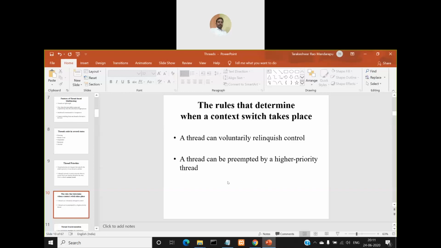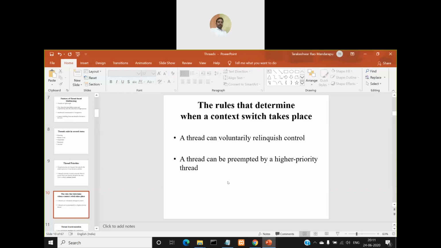After the time slot is completed, it has to come out of the CPU and give a chance to another thread, which is also given the same amount of time. If it is completed within that time, it is okay. If it is not completed, it has to release the CPU again. In that way, each thread will be given an equal amount of time. Once all the threads have had one round, in the second round another 1 second will be given to all the threads in the same order. This is called the round robin scheduling algorithm.